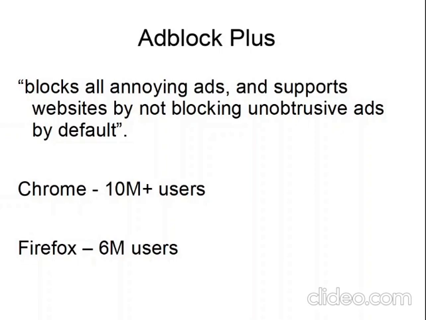So in terms of the stats we've got in terms of the usage, the Chrome Store reports 10 million plus users of AdBlock Plus, and Firefox extension store around 6 million users.